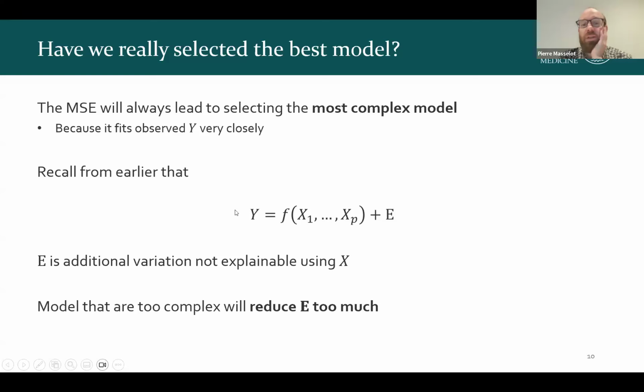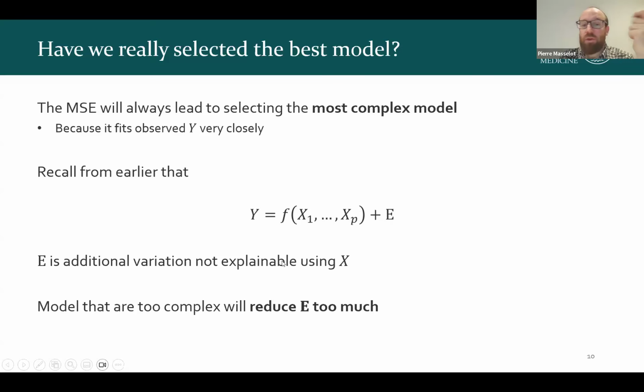Recall from earlier, when I defined our machine learning objective, that our target includes two components: the component that can be predicted by our predictors, this association here, but also this error component, so additional variation, what I called irreducible error before.